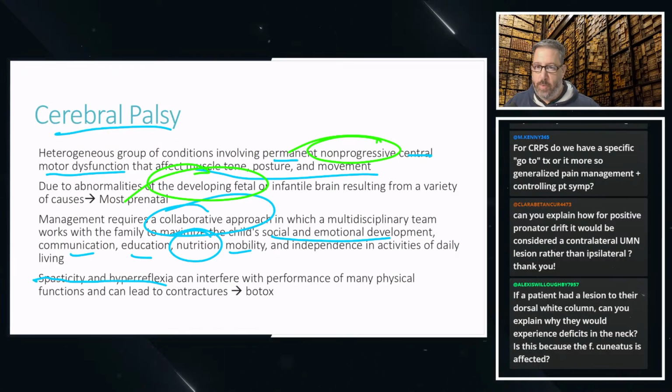But it just happened during development and then it stopped. So it's not progressive. It's not going to get worse. It's just not going to get any better either. So a lot of these managements are due to just patient education and other comorbidities.